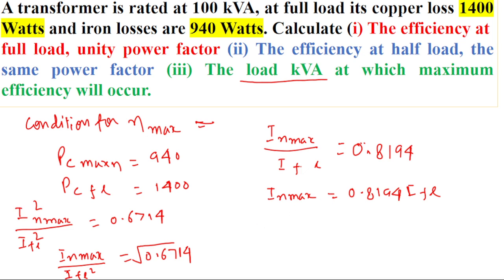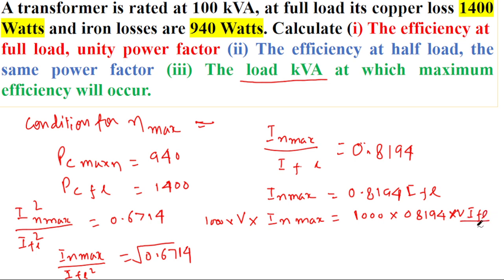If you multiply both sides by the voltage, V multiplied by I η max, and multiplied by 1000, is equal to 1000 multiplied by 0.8194 multiplied by V multiplied by I FL.